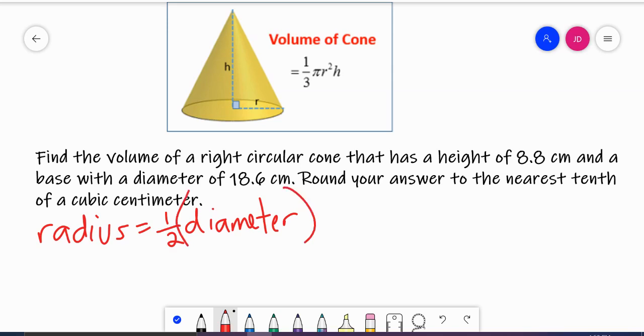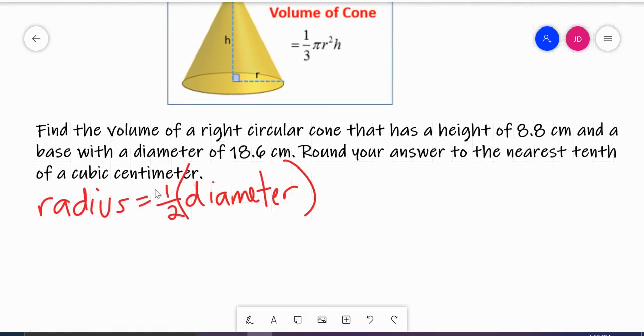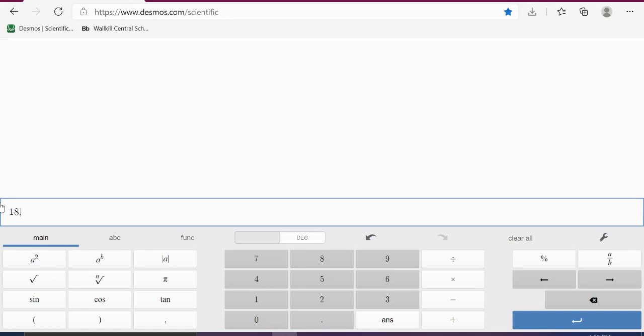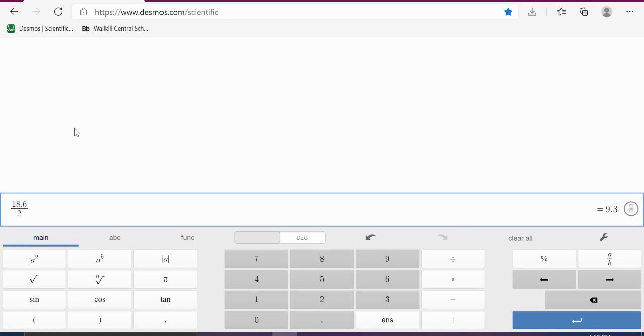We have our formula. Let's find the radius of this figure. The diameter is 18.6, and 18.6 divided by 2 is 9.3.